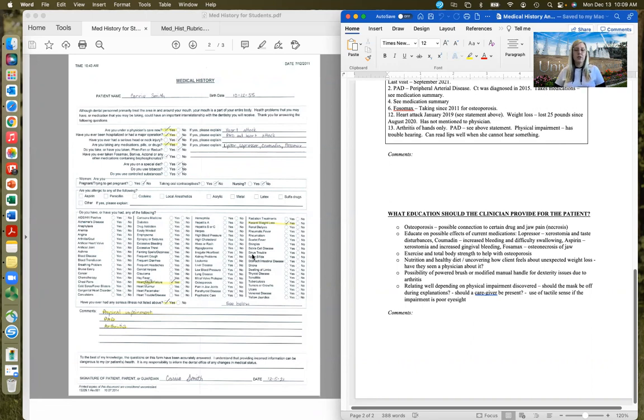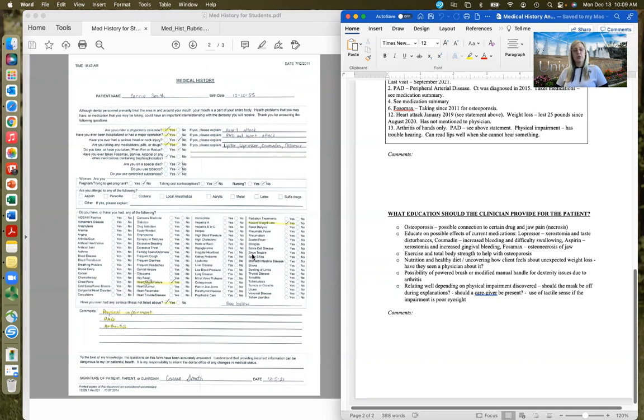Again, depending on what their arthritis was, there's possible education related to that. This particular patient said that they had arthritis of their hands, right? So maybe we need to recommend a powered brush to them. Maybe we need to modify a manual toothbrush for them.